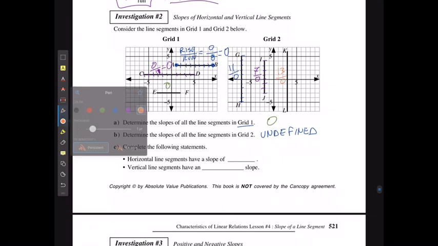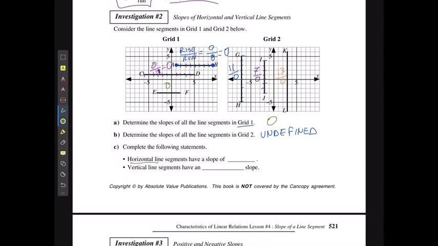So, any line segment that is horizontal is always going to have a slope of 0. Any line segment that's vertical is always going to have a slope of undefined.